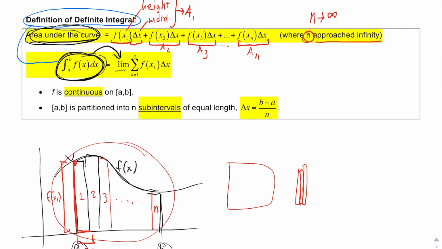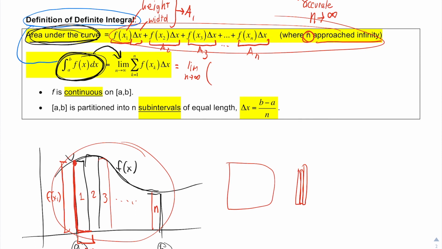When we have n approaching infinity, this helps us become more and more accurate. So all of that can be represented in summation notation. Let's break this down, okay? I'm going to show you how this works. So this is equal to the limit as n approaches infinity, because that's how we get more and more accurate.